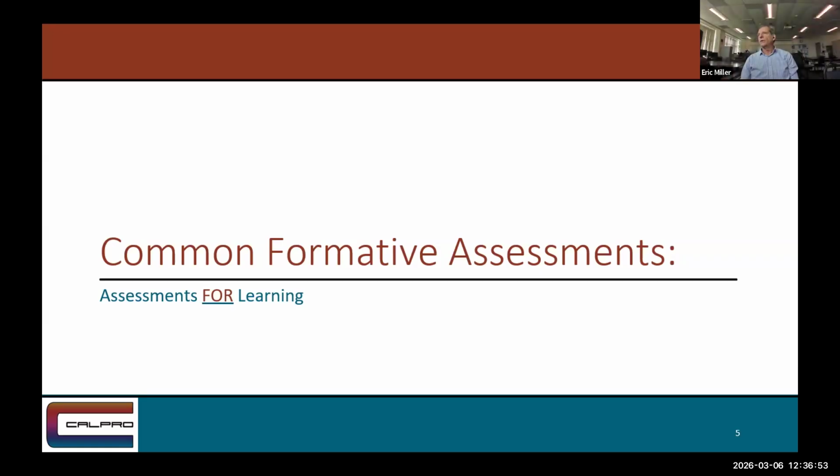The goal for assessment is to enhance learning. Right, right. And so a common formative assessment is to assess learning as it's going along instead of a summative at the end. So keep that in mind as we move along here.